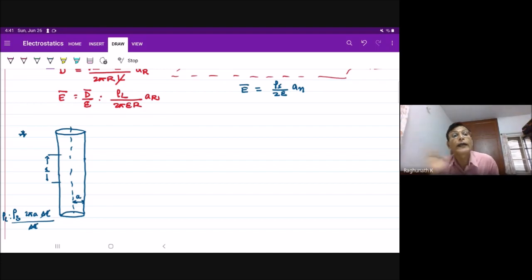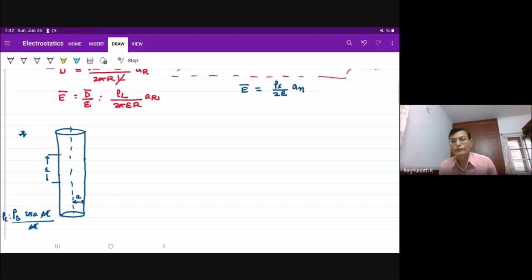Anyway, it is not rho L because it is a surface. What I really want is rho S. Given rho L, I will find out rho S. Given rho S, I can talk about per unit length of the cylinder how much charge is there. Please check it once.